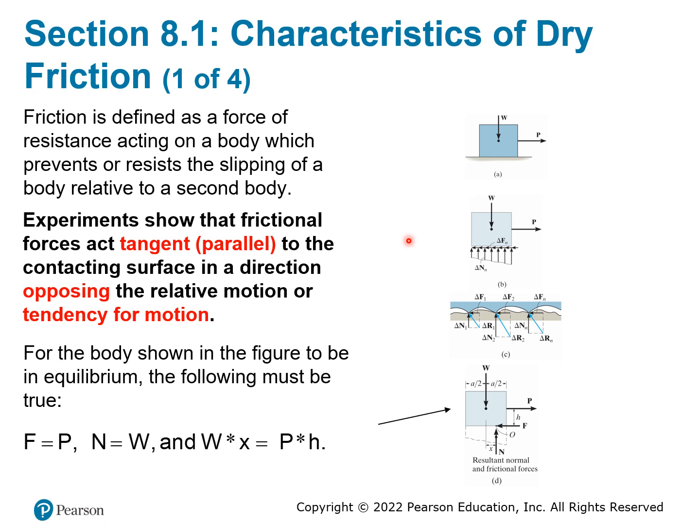In experiments, we find out this friction force depends on several factors. One of the important factors is how much of the normal force there is. The normal force normally depends on the weight of the object. So even though the friction force is not in the same direction as the normal force, it still depends on the normal force as well.